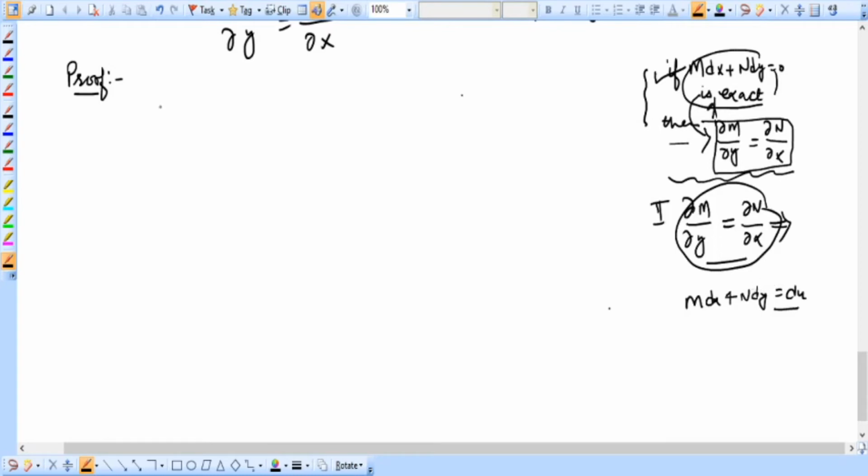So this is the outline of this theorem, right? So now let us start the proof. So firstly, the necessary part.